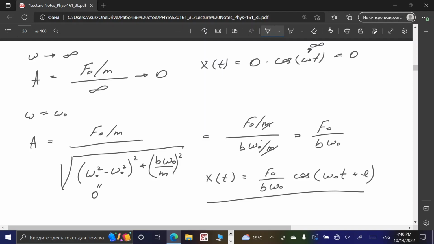So we continued the analysis of oscillations, and in today's lecture we considered the drag force first, so-called damped oscillations.